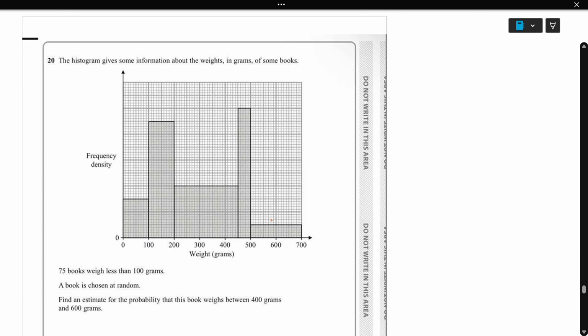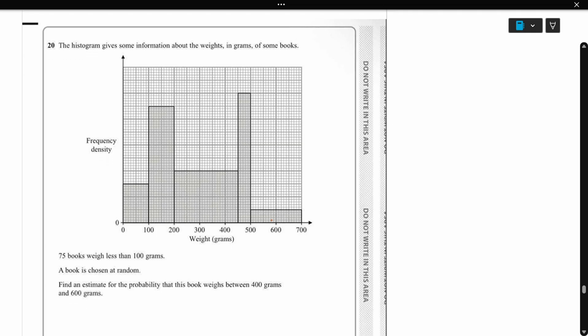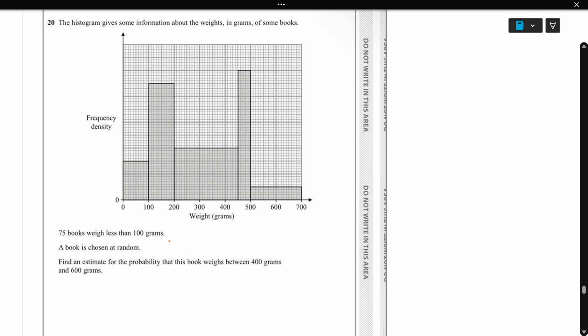Next, question 20. The histogram gives some information about the weights in grams of some books. The histogram is given: 75 books weigh less than 100, so from here to here. So frequency density equals frequency over the width.